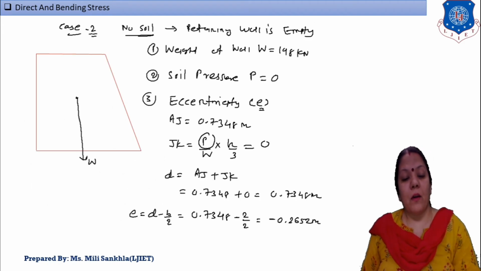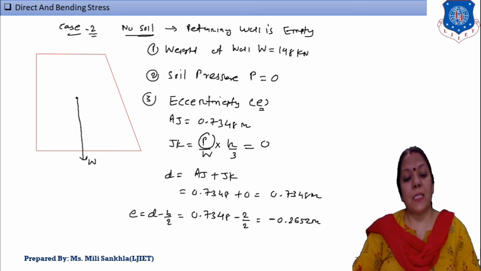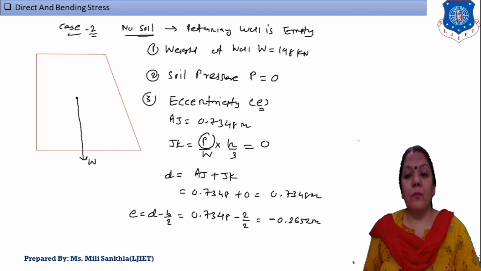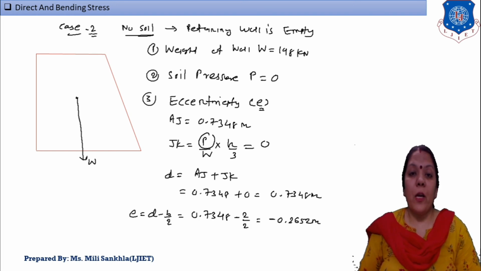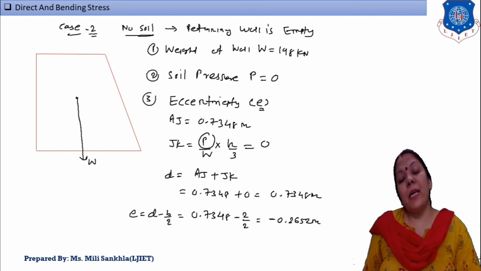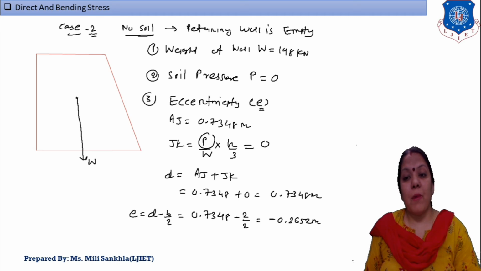What is the equation of sigma max and sigma minimum? Sigma max is equal to W by B into (1 plus 6E by B), and sigma minimum is equal to capital W by B into (1 minus 6E by B).